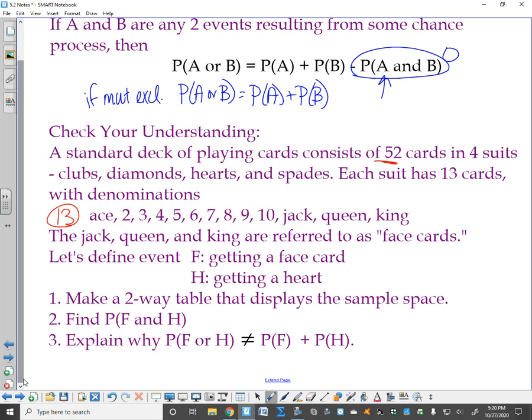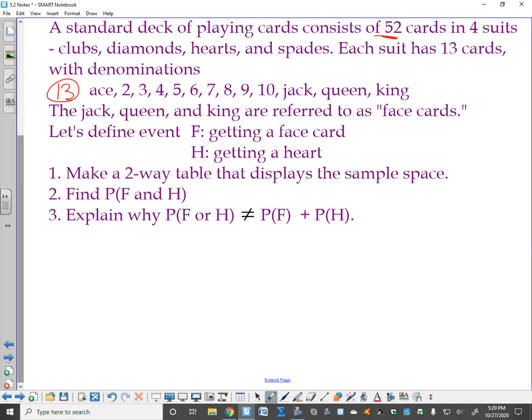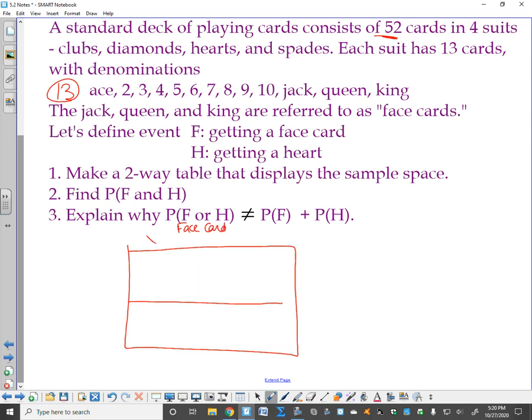So what I want to do is make a two-way table that displays the sample space. Here's my table. Event F is getting a face card, and the outcome for that is either yes or no. Event H is getting a heart, and the outcome for that is a yes or a no. You either do or you don't.